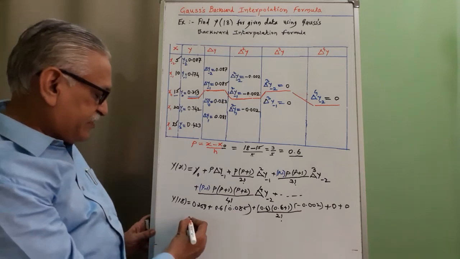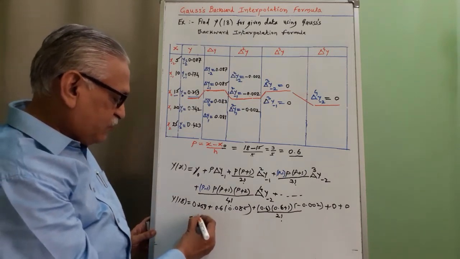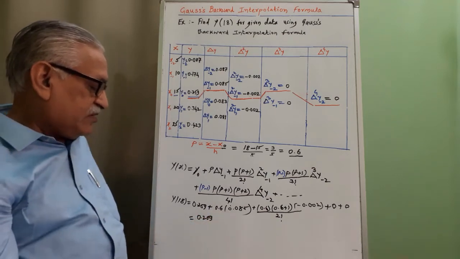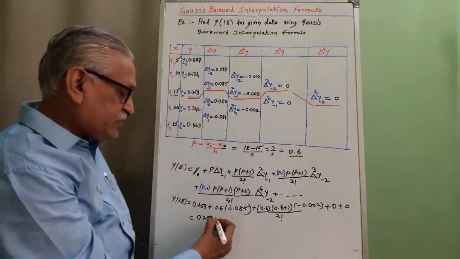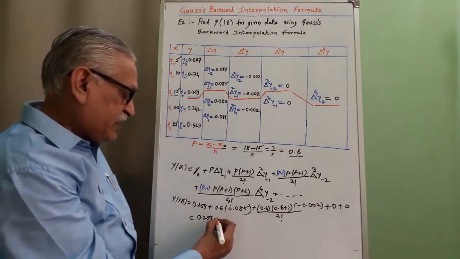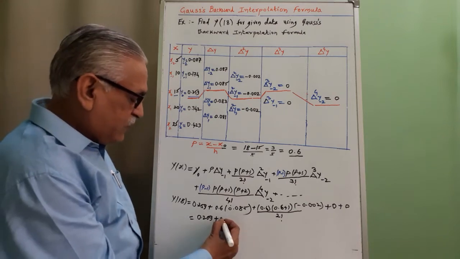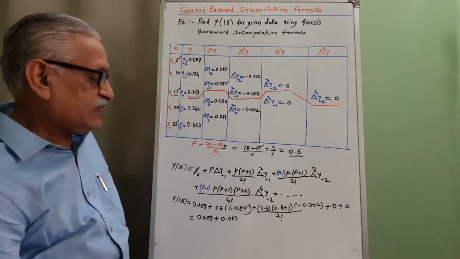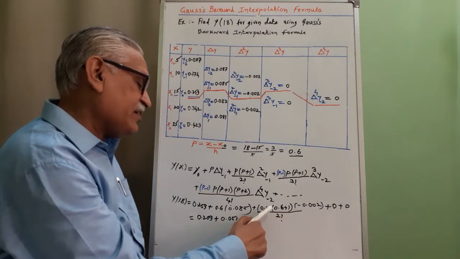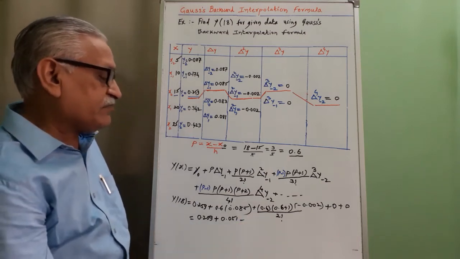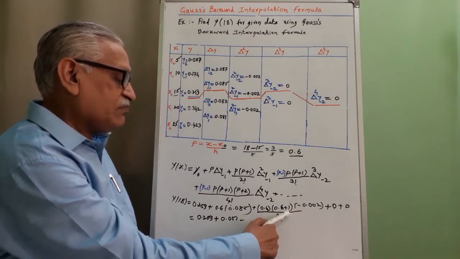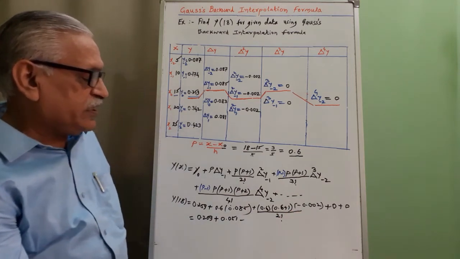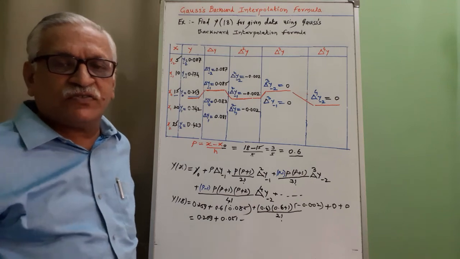And then simplifying it, this is 0.259 as it is, plus 0.6 into 0.085, we get that value 0.051. This is with minus sign. Therefore that term becomes minus 0.6 multiplied by 1.6 into 0.002 divided by 2 factorial. 2 factorial is 2.